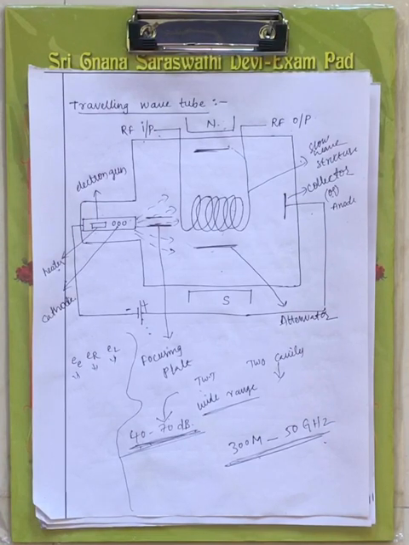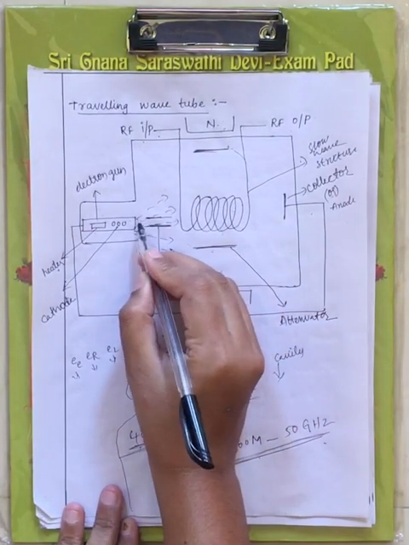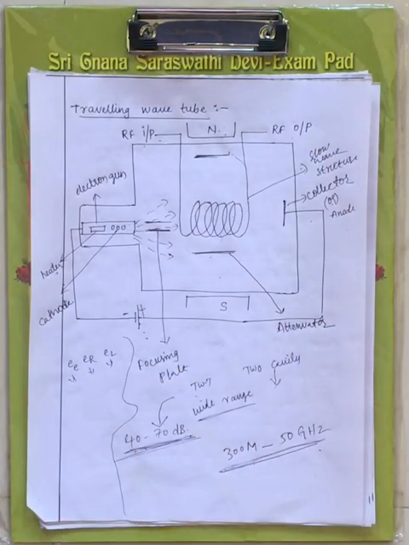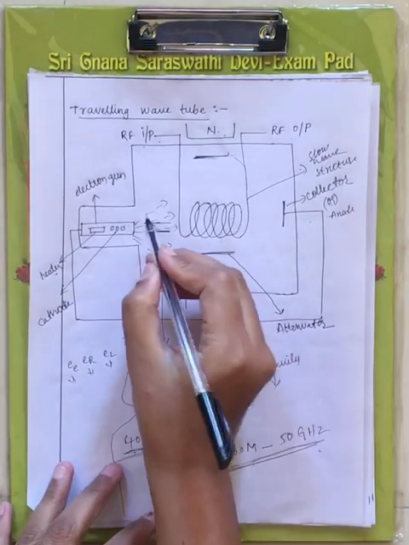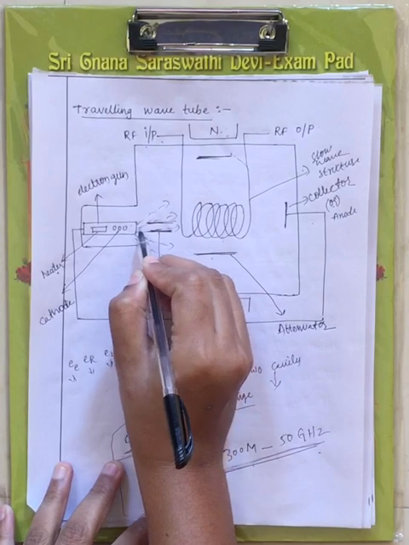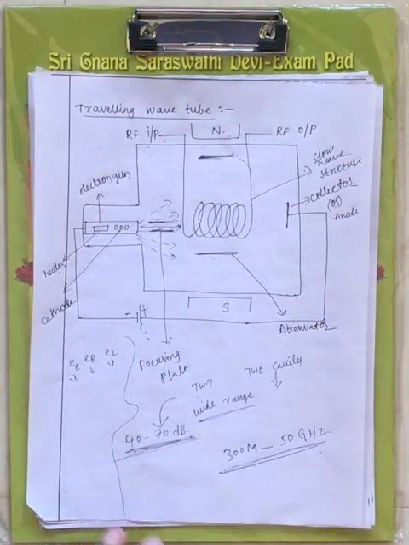Now I want this beam of electrons to travel in one particular direction, in this direction only. For that purpose we are using a focusing plate. The focusing plate is used to focus the beam of electrons in a particular direction.